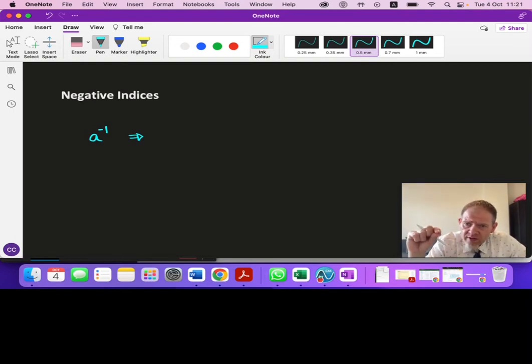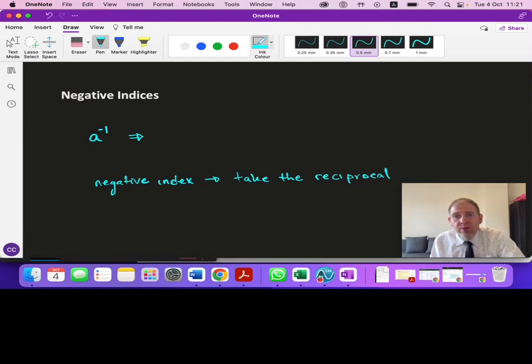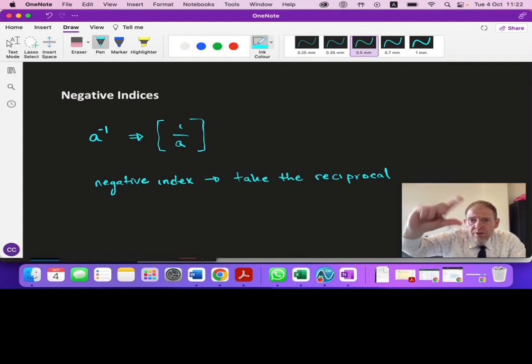A negative index always tells us take the reciprocal. So I'm going to rewrite this as 1 over a. It's originally a over 1, so I flip the fraction, turn it into 1 over a.